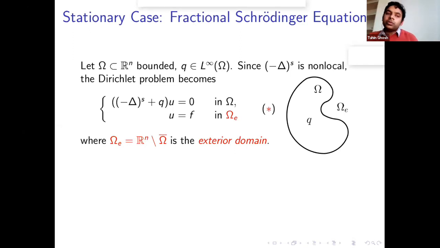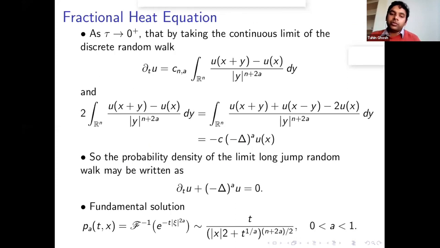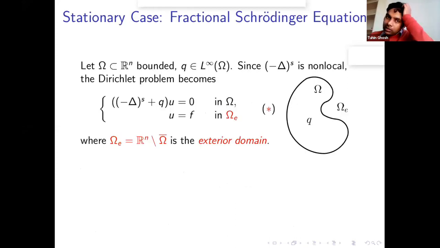so now, in particular, we'll be talking about the stationary case. That means only the fractional Laplacian part. And I'll start with the fractional Schrodinger equation, which is kind of the baby version. As you can see, we have the fractional Laplacian operator and a zeroth order term. And we have an exterior value problem, u equals f in Omega_e.